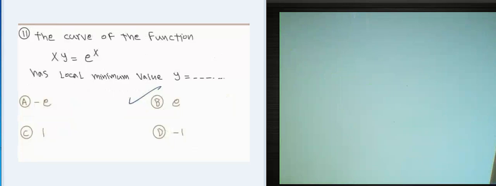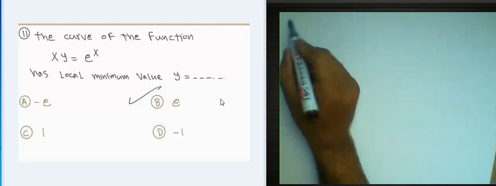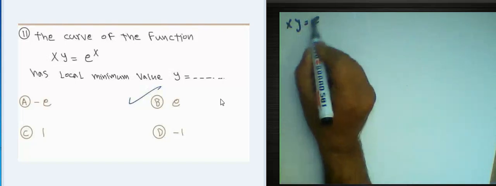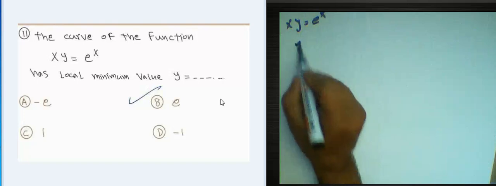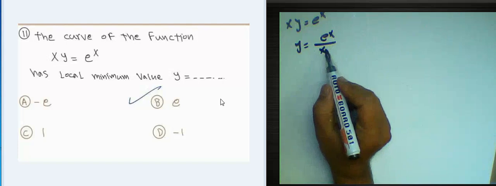Question 11. The curve of the equation xy equal e power x has local minimum value when y equal blank. Okay, he gives us x times y equal e power x, then y will be e power x over x.